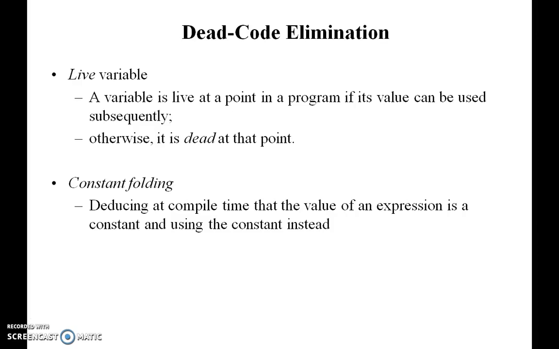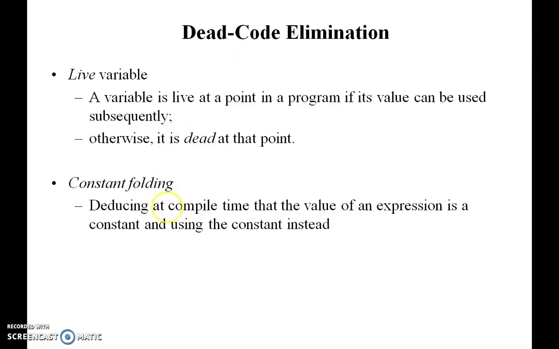That is called dead code. Here we are mentioning that a variable is live at a point in a program if its value can be used subsequently. Suppose the value is not used anywhere else, that code is called dead code. That kind of code will be eliminated during optimization inside the compiler.